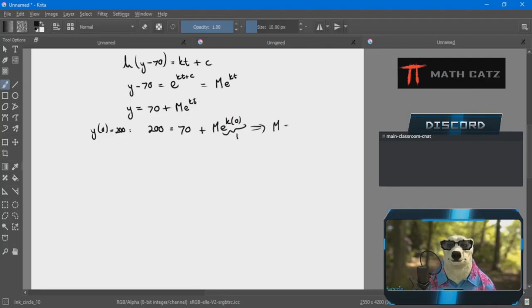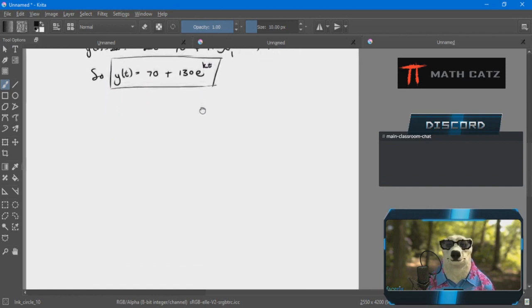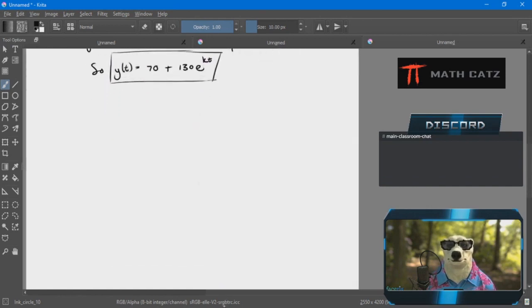And so m is the difference, which is going to be 130. So my function of the coffee temperature changing over time is 70 plus 130 e to the kt. Now I don't know k yet. I need more information, but that is certainly my function that I will use.